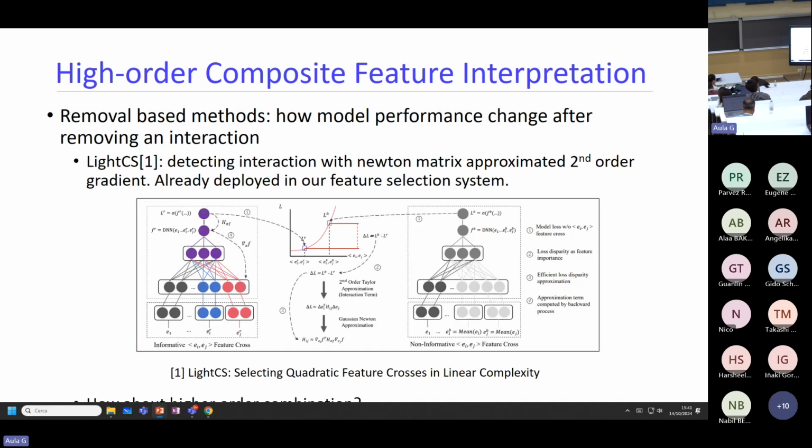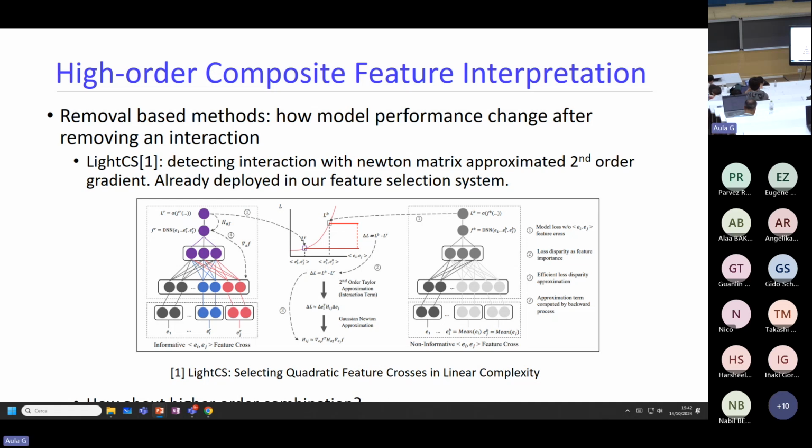Another method uses the removal-based paradigm. It is called RecSys. It detects the important interactions with a Newton matrix approximated second-order gradient. So the basic idea here is if we use the first-order gradient to approximate which feature contributes most to our objective, then we can know how other features provide information for this importance.